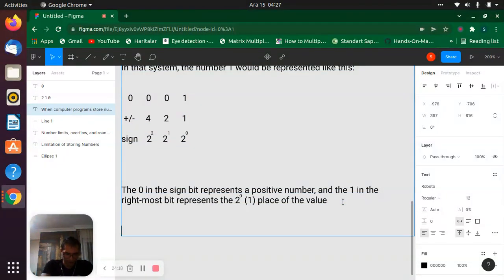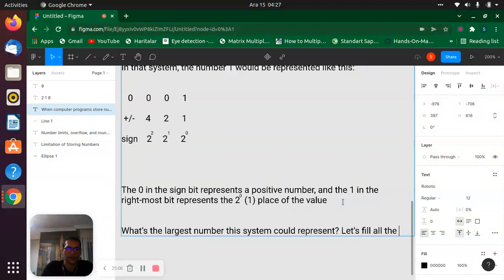And just come down. What is the largest number this system could represent?